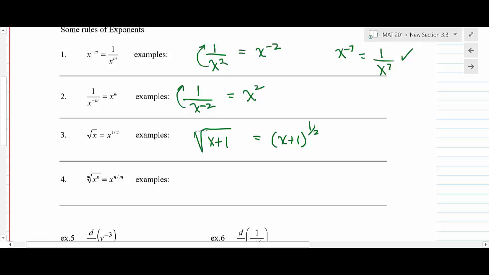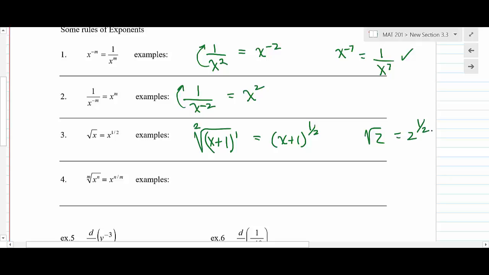It's understood that you don't write the 2 there, but technically you have the x plus 1 to the first power, and then the second root. Did you guys do that and remember it from your past? Square roots are the same as 1/2 powers. They mean exactly the same thing. So the square root of 2 is 2 to the 1/2. If you did those two things on a calculator, you'd get the same answer.